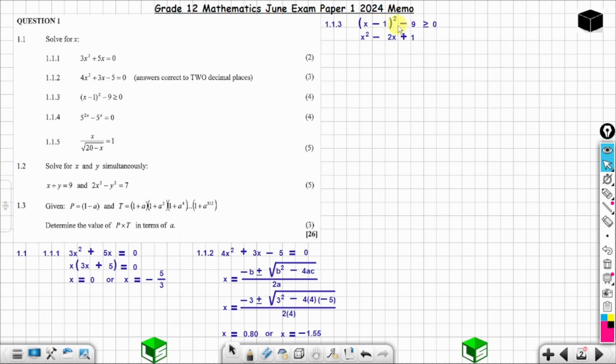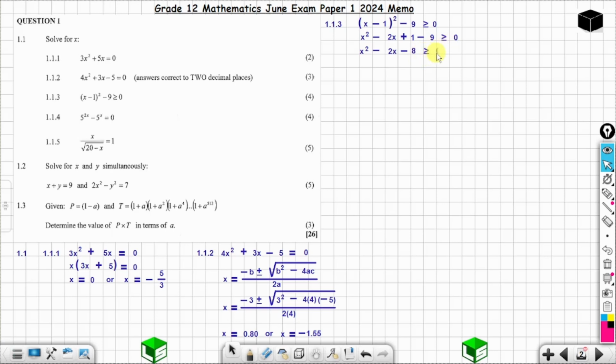And then outside of the bracket, you have minus 9, greater than or equal to 0. You carry on, you have x squared minus 2x, 1 minus 9, this is minus 8, greater than or equal to 0.